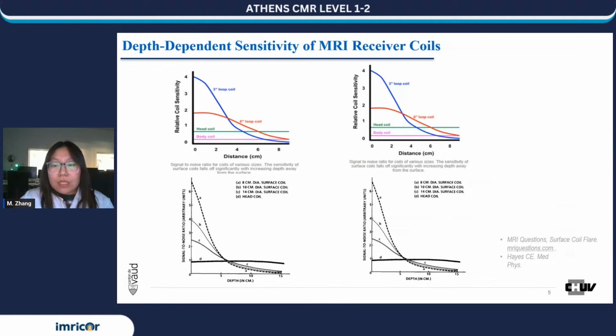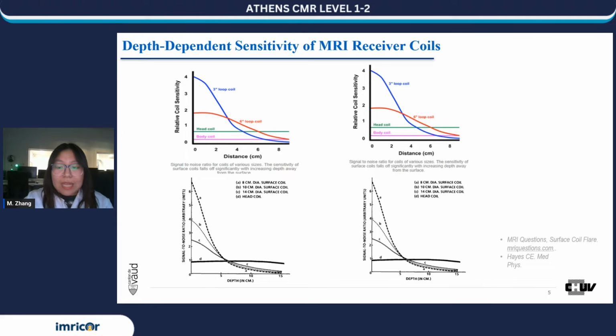The top row shows the relative coil sensitivity versus distance, while the bottom row shows the signal-to-noise ratio versus imaging depth. On the left side, we see the signal sensitivity of various surface coils. In different colors, you will see the 3-inch in blue, 6-inch loop coil red line, head coil green line, and body coil pink line.